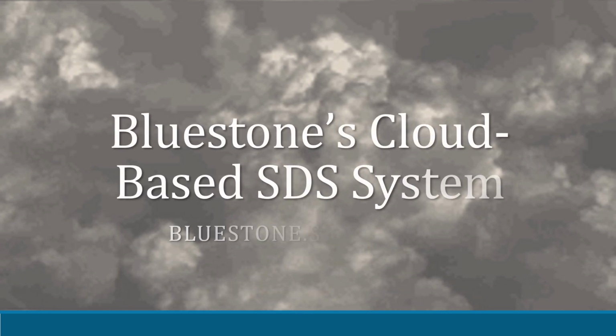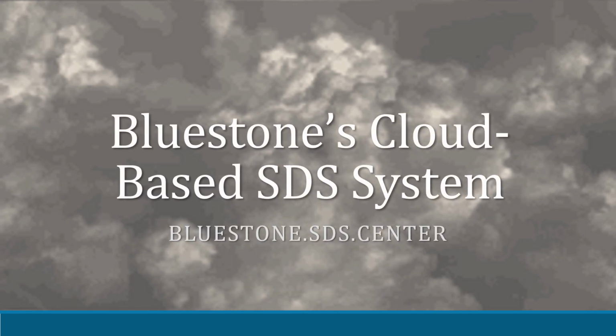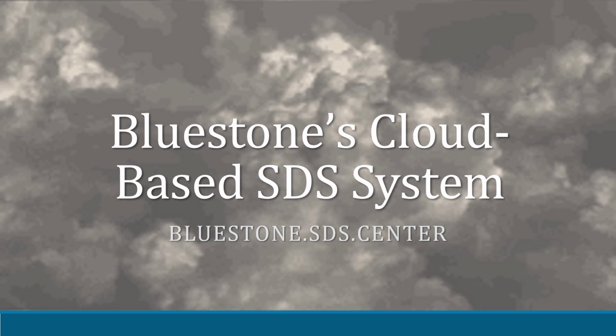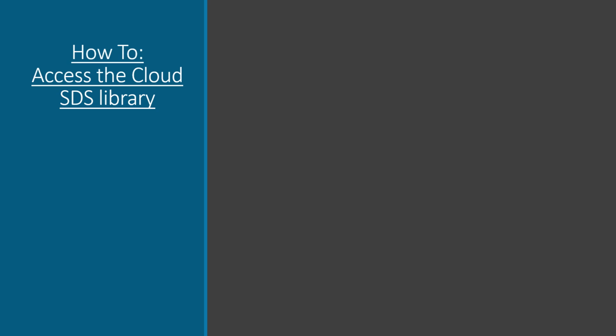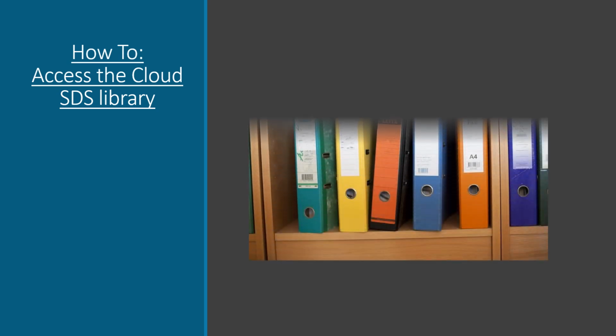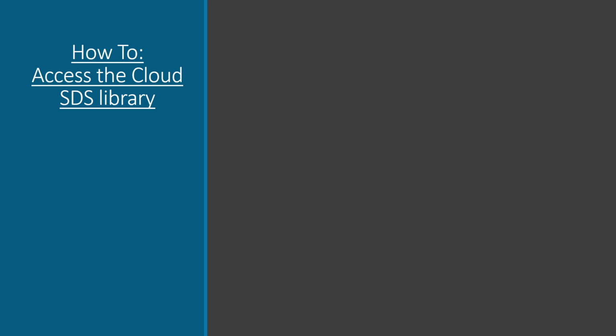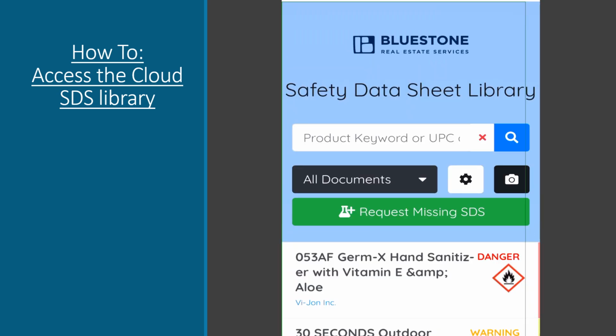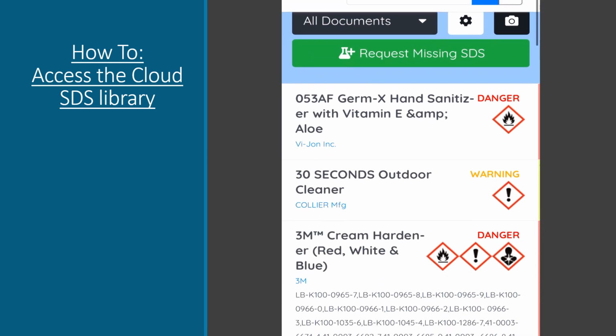Now we're moving on to an instructional presentation of our cloud-based SDS system. Gone are the days of big yellow SDS binders with thousands of pages of safety data sheets. With our cloud-based software, anyone can use a phone camera to scan a chemical's barcode, providing instant access to Bluestone's personalized SDS library.